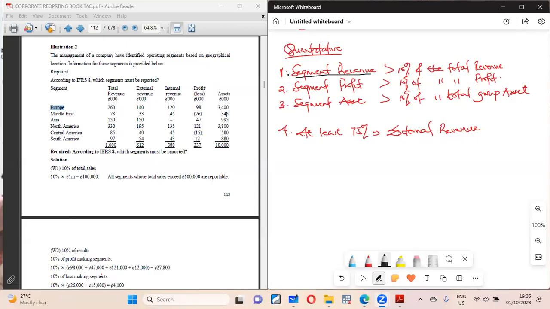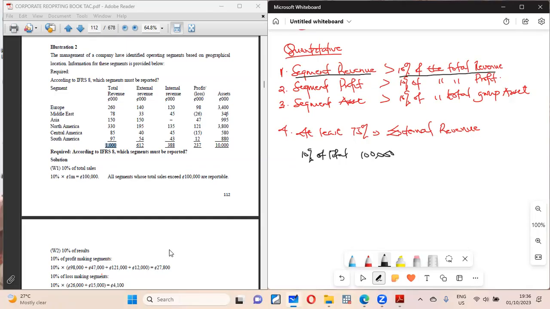All right, so like the example that we are doing now, let's try the revenue, the total sales. If we check 10% of the total revenue, 10% of this total revenue is how much? 100,000, right? This is 1 million, so 10% is 100,000.